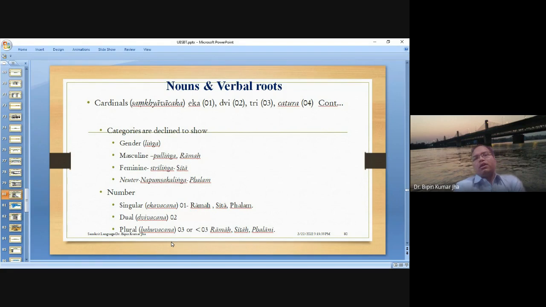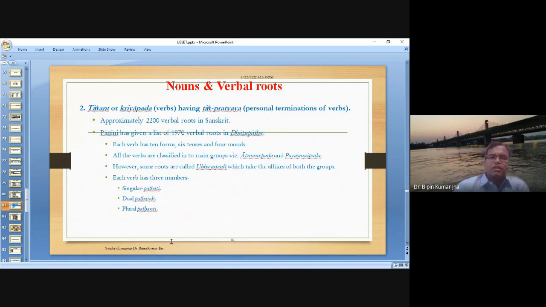Regarding number, singular and plural you find in Hindi and English, but here you find one more, that is dual. If it indicates one object, that is singular. If it indicates two objects, that is dual, and other than that, you count as plural. In this way, you can identify each and every term in Sanskrit when these are concerned with naam.